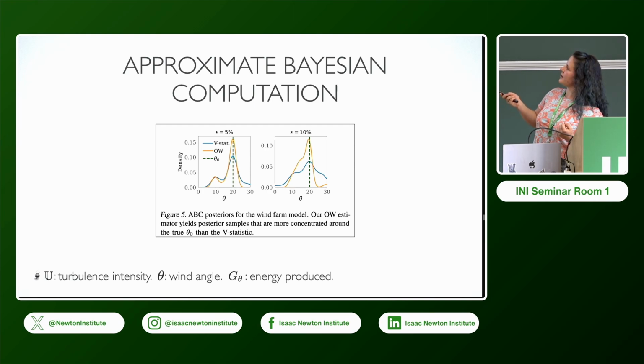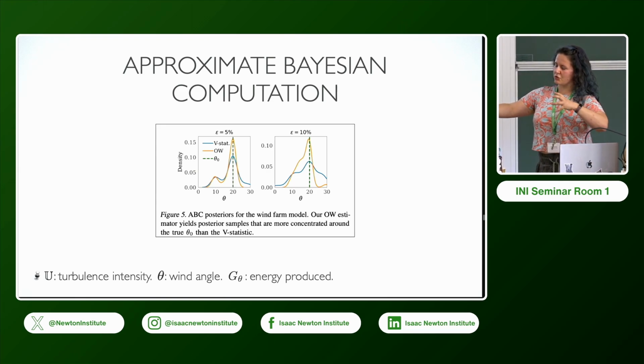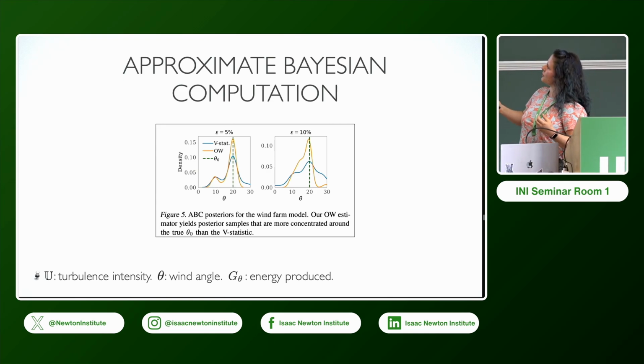The dotted line is the true value of the parameter. This is inference on a wind farm model, where the parameter theta, I think, is the direction of the wind. And from the measurements from the simulator, we want to deduce what the direction of the wind was.